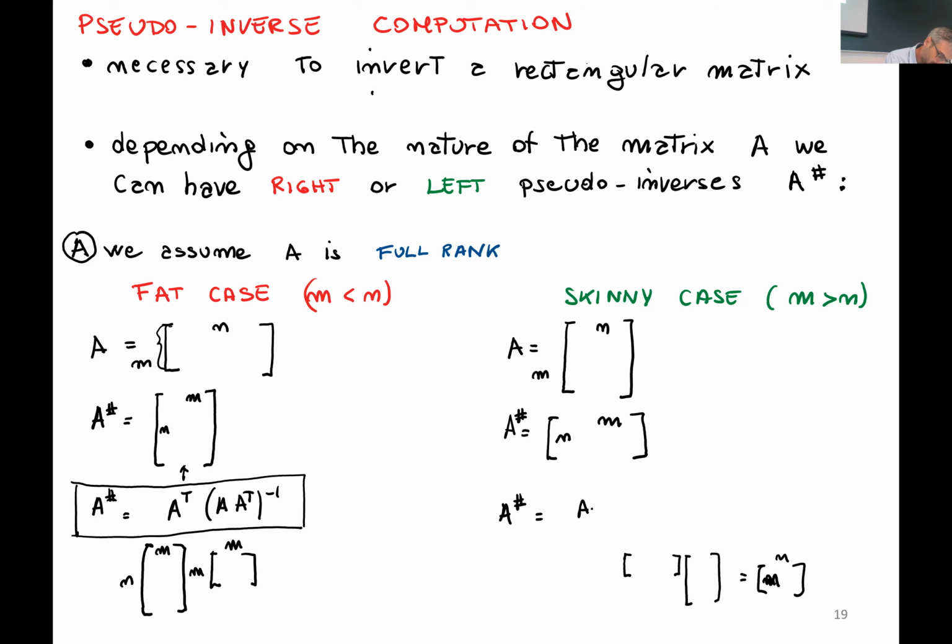So we do A transpose, which has this shape, times A, which has this shape, and we can invert it. Then to achieve this shape here from this shape here, we need to post multiply by A transpose. Okay, because we get something like this.